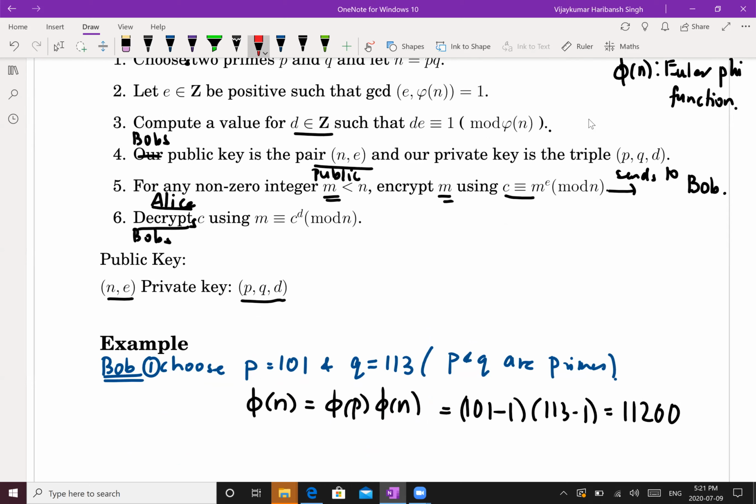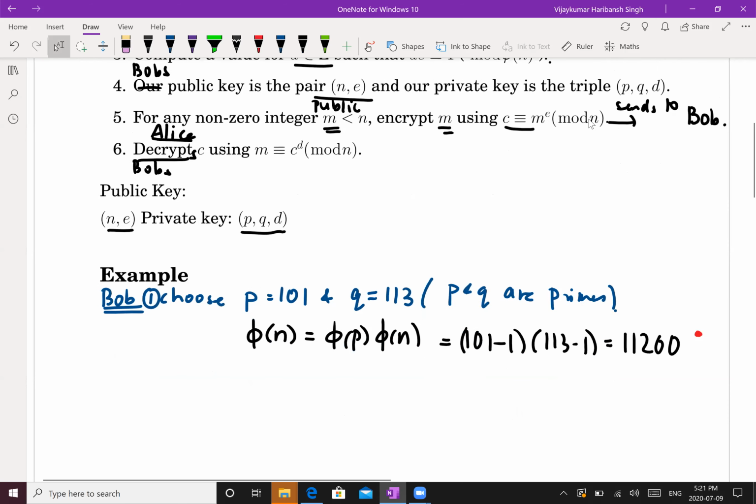This is easy to compute, because after all, the encryption and decryption should be done easily.